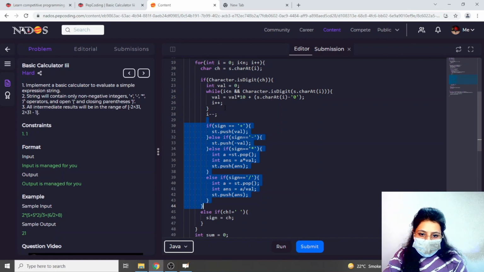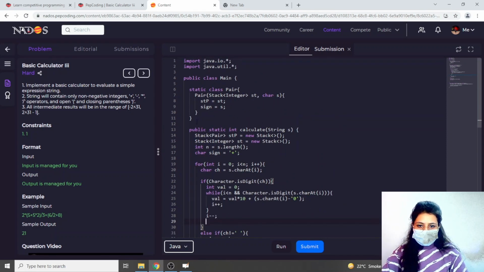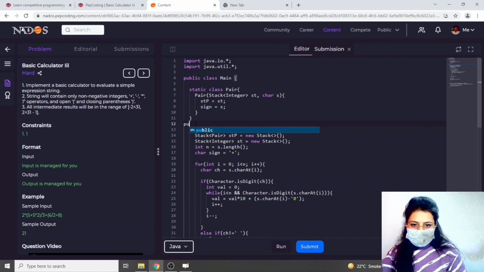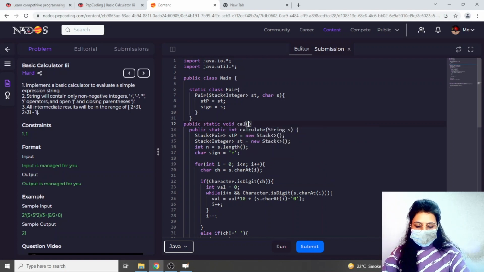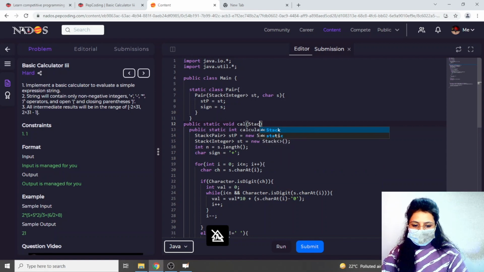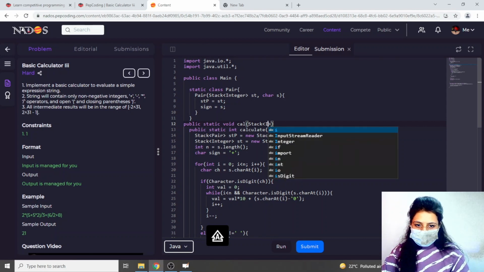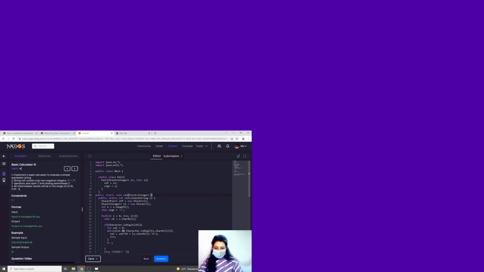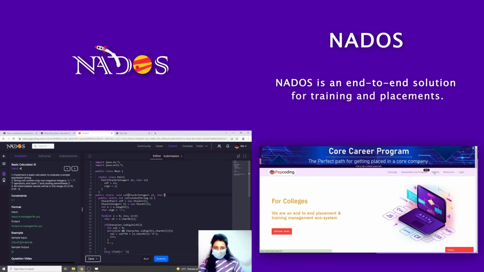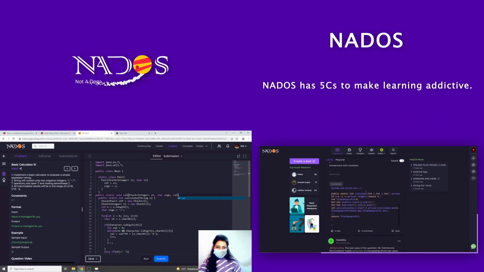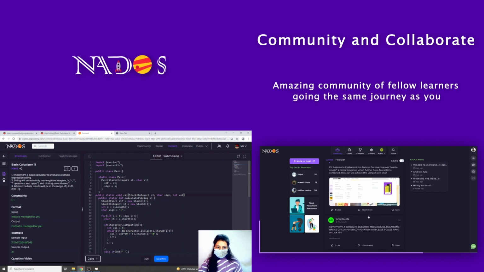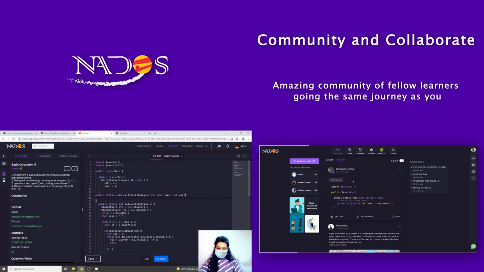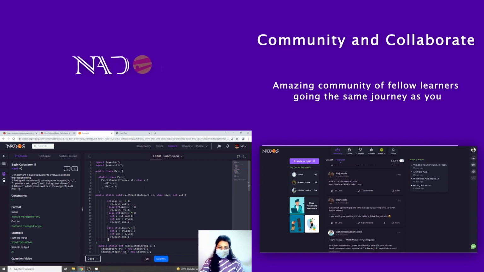Yeah, I think from this to this part, we'll make one more function, public static void cal, stack integer st comma char sign comma int val, and we'll store all the operators in this function.